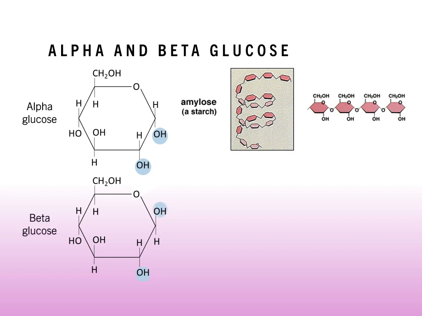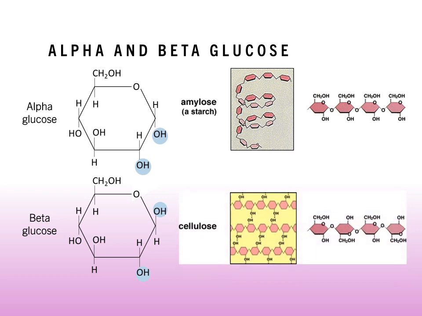Beta-glucose, on the other hand, also has hydroxyls on carbons 1 and 2, but they're on opposite sides of the ring, one above and one below. This means that beta-1,4-glycosidic bonds result in every other glucose molecule being effectively upside down relative to the one before it. And this is where the hydroxyl on carbon 2 comes into play.